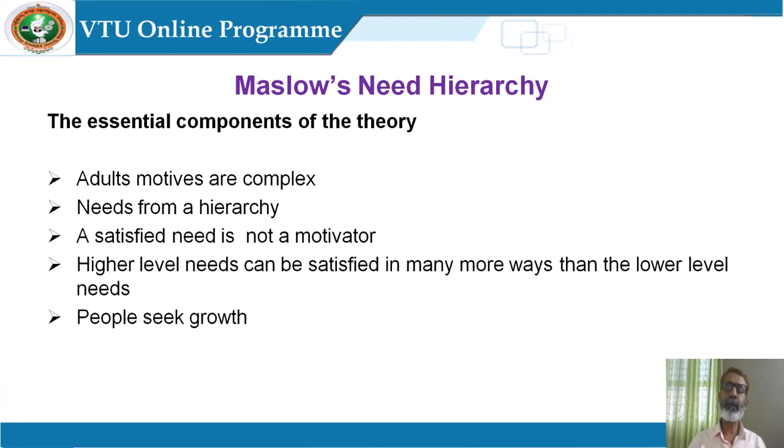But when you move into higher levels, for example, you are reaching the self-actualization level, that can be achieved through different ways. Whereas food and shelter may be achieved only with difficulty. The first and second level needs are very difficult to achieve compared to the higher level needs. The basic level or lower level needs are difficult to achieve.